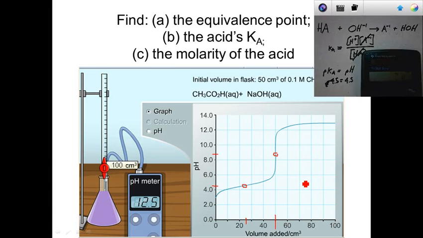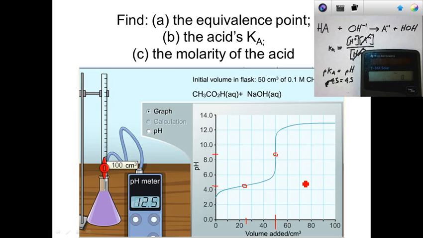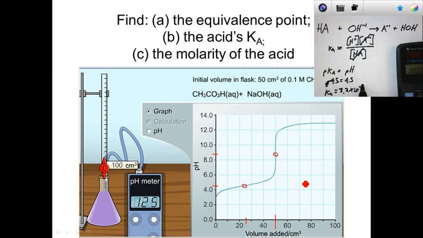If I put in 4.5, make it negative, and then take inverse x of that, I can find my Ka to be around 3.2 times 10 to the power of minus 5. And then I would look at my list of possible Ka values and say, aha, it must be this acid or that acid based off of that.